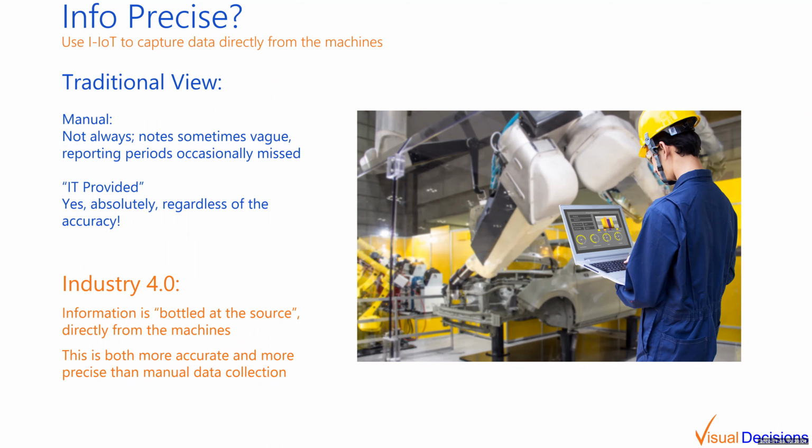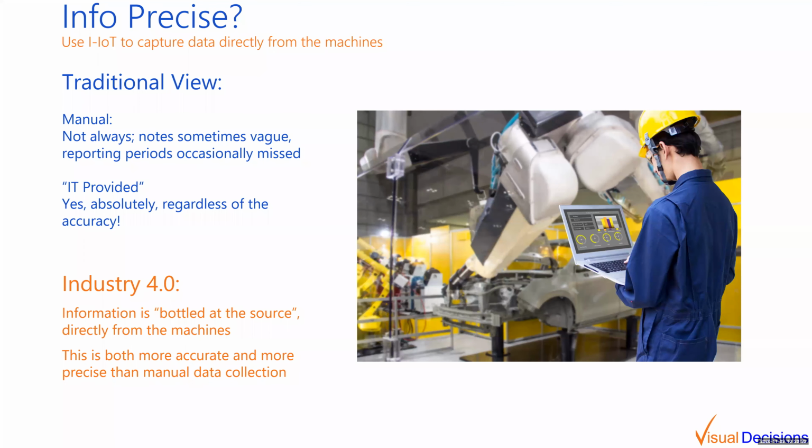The information is going to be accurate and more precise than the manual data collection. Again, the example from that company that I mentioned earlier was that it's capturing more than 10 times as many downtime events, and you are getting far more accurate and more precise information than you're getting with the manual data collection.